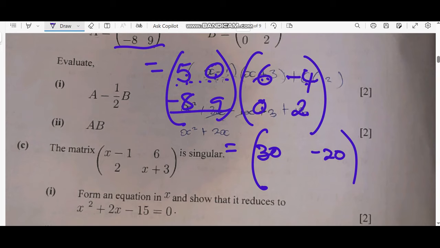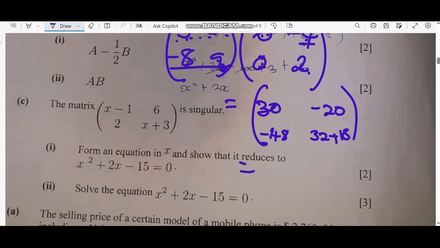Then we go to the second row, multiplying the first column and then the second column. Minus 8 times 6, we get minus 48. Then plus 9 times 0, we get 0. Then minus 8 times minus 4, we get 32. 32 plus 9 times 2, which is 18.